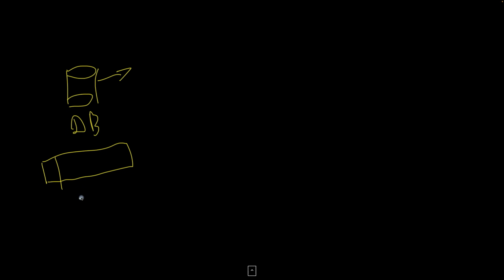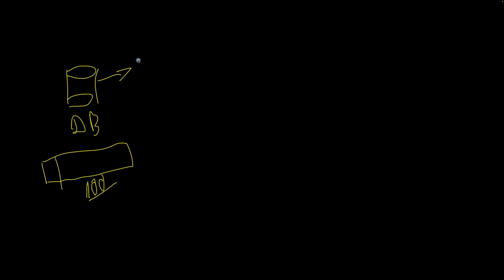Now we have a data source here, some DB, and we fetch the data from the database. Imagine we have some rows here. These entities, for example, have 100 fields.